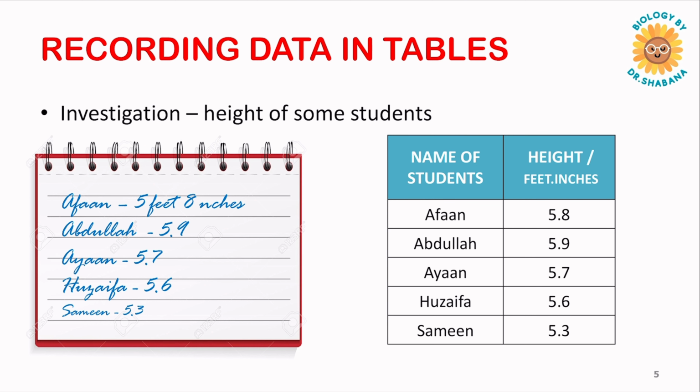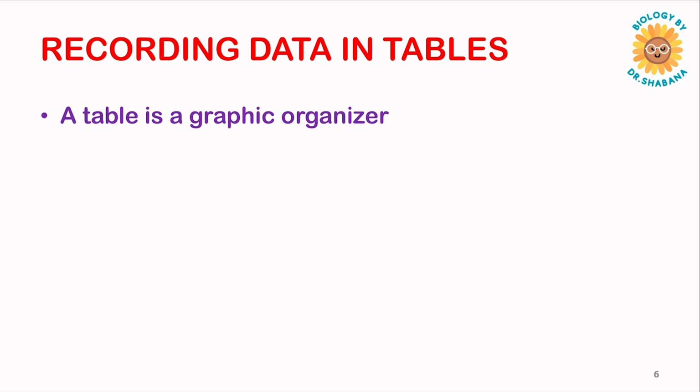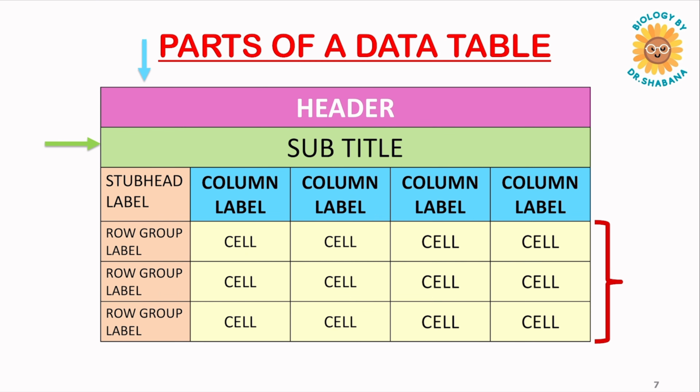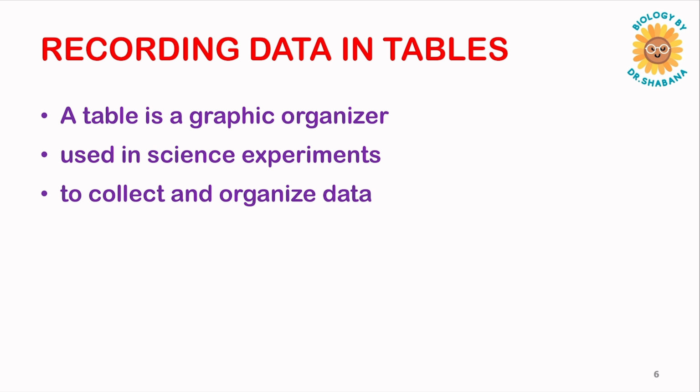I'm going to put down the names and the height of the students in columns and rows like this. So this is a table. And what is a table? A table is actually a graphic organizer used in scientific experiments and elsewhere to collect and organize data in a neat and clean manner, so it's easy for someone to observe.